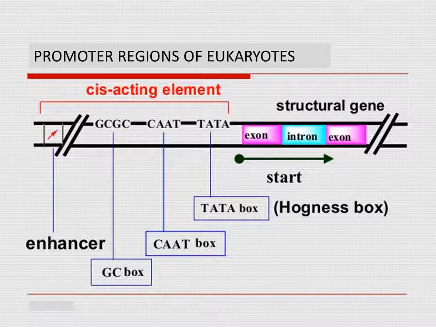So these all are called cis acting elements, and these acting elements here are the promoter region of the eukaryotic DNA molecule, and here are the structural genes which will be transcribed. So the process of transcription in eukaryotes will start from this point, where the promoter region ends and the structural genes start.